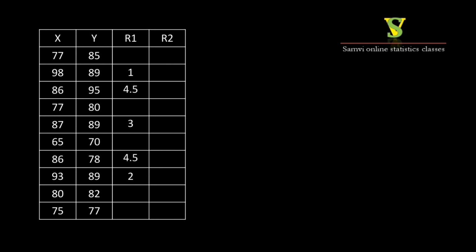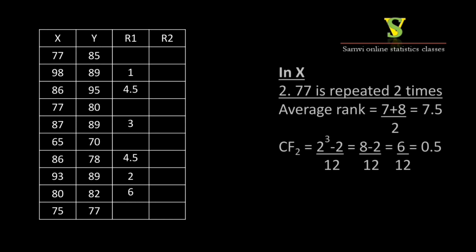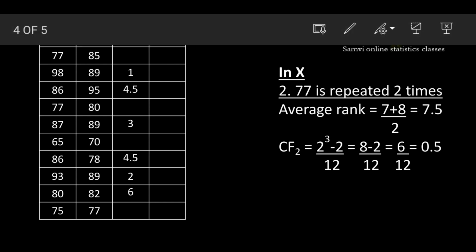So move to the next one. The next highest value is 80. The fourth and fifth ranks are already used for the calculation of the average rank, so move to the next one, that is the sixth rank. The sixth rank is allotted to 80. Next is 77. 77 is also repeated twice, here and here.